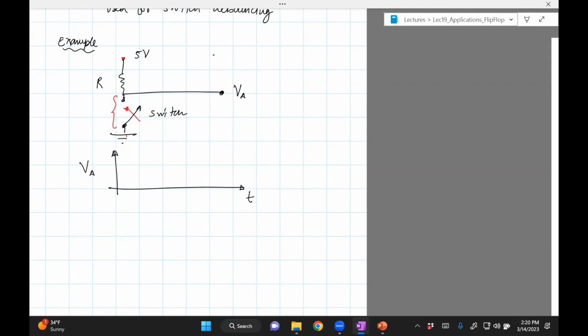When the switch is open, voltage is 5 volts. And why is that? Because current flowing through the circuit is 0. So the voltage here is the same as voltage here, which is 5. But that voltage is measured with respect to ground, so it should be 5 volts.